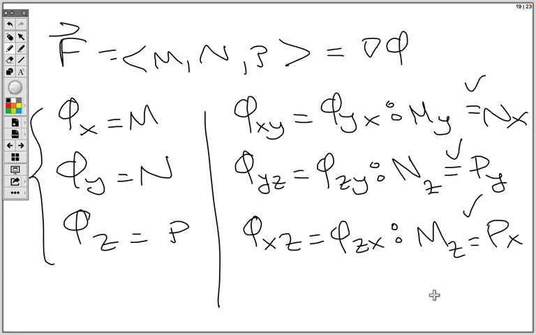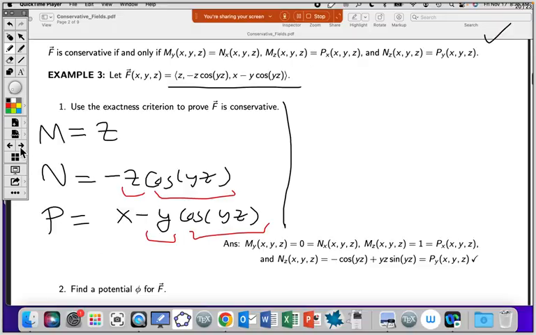Do you see why we're checking what we're checking? The derivative of the x component with respect to y has to equal the derivative of the y component with respect to x, so on and so forth. All right? Not only is that a necessary condition to be a gradient field, it's sufficient.